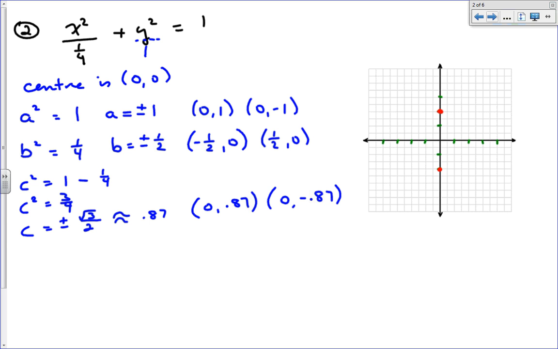My minor vertices are at negative a half and positive a half, and my foci are at positive 0.87 and negative 0.87. And so here is my ellipse. Okay, and if you've got space, put in the numbering on your graph as well. So that's 1, 2, 3, 4, negative 1, etc.